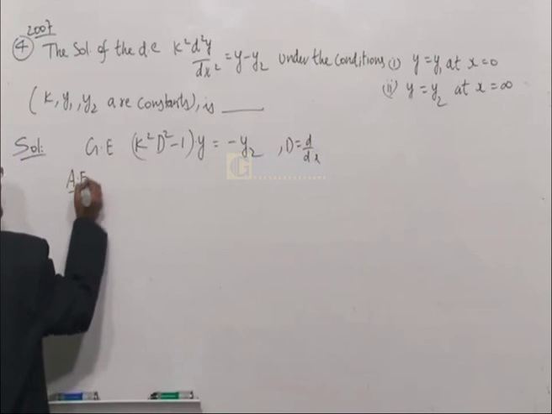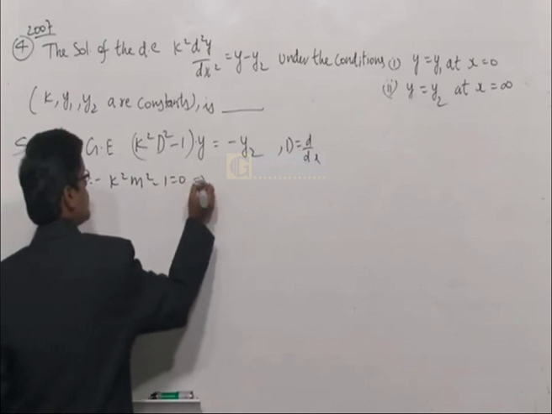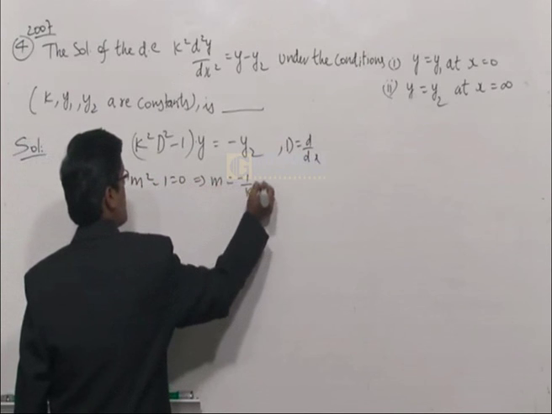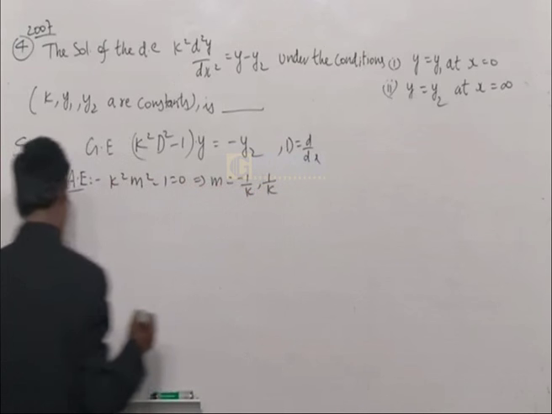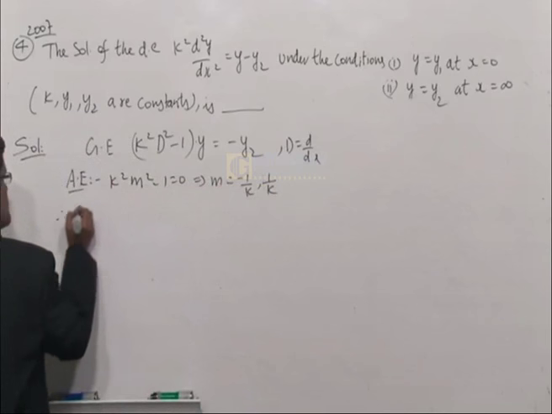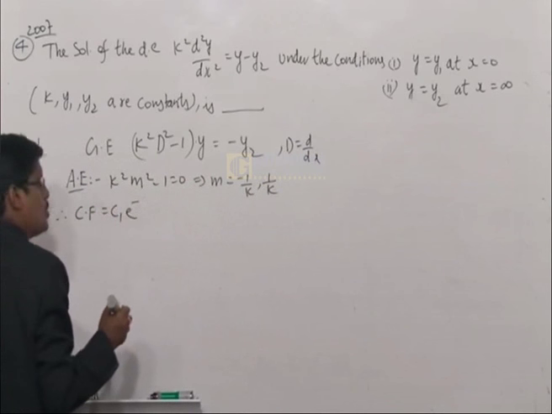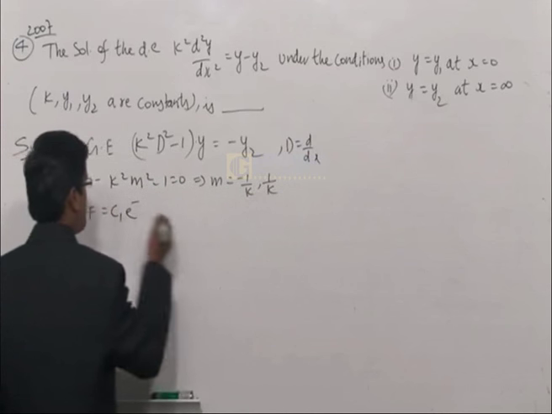Auxiliary equation k square m square minus 1 is equal to 0. Solving, we will be getting minus 1 by k, plus 1 by k. Therefore, CF is equal to C1 e power m1x plus C2 e power m2x. These are m1, m2.